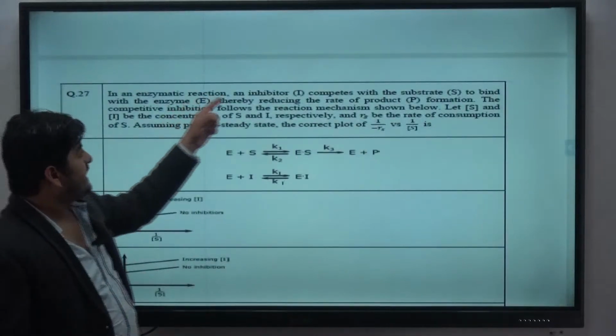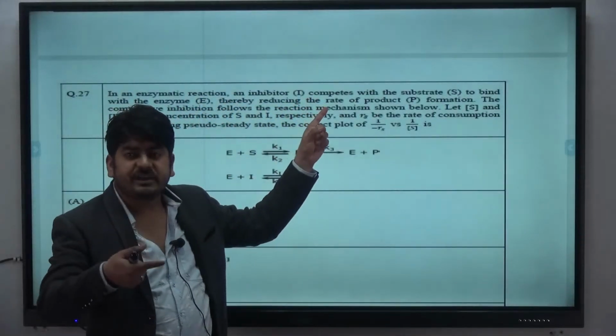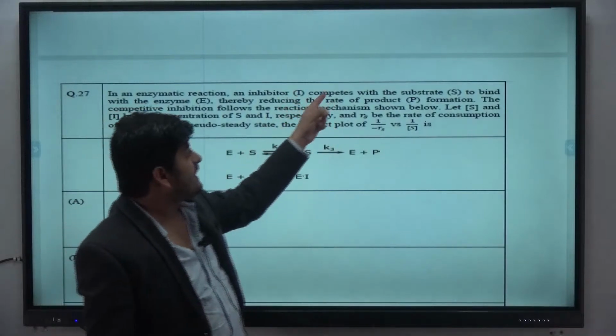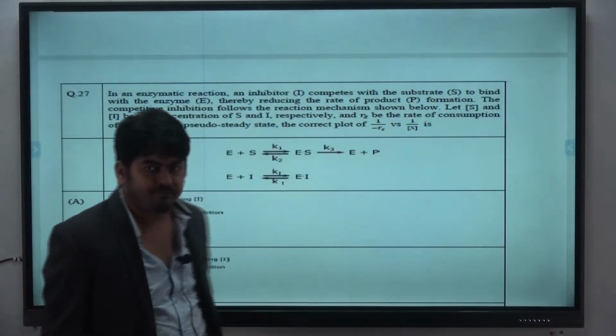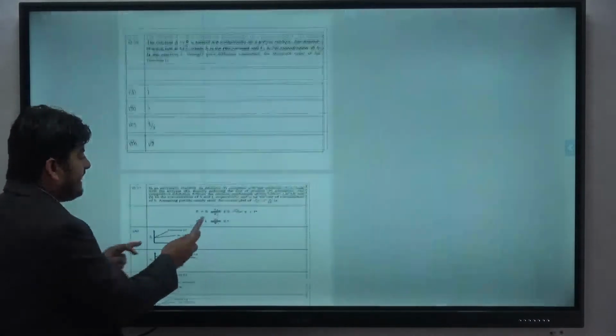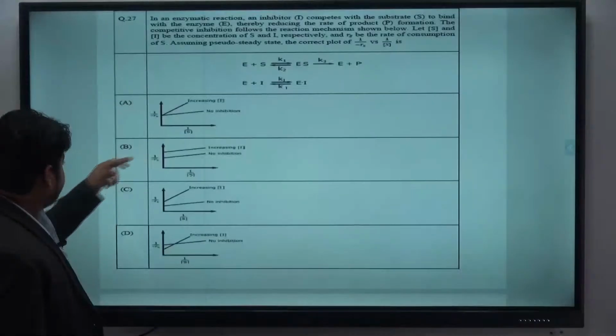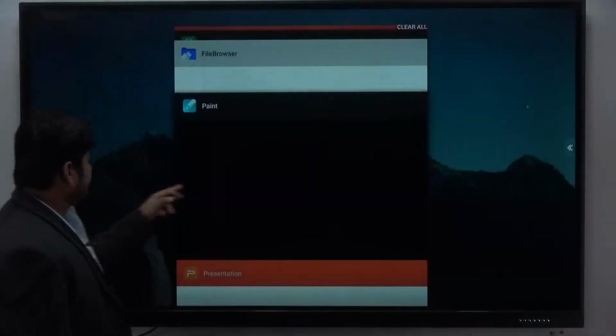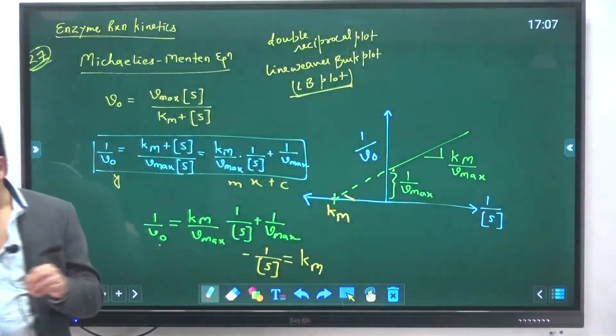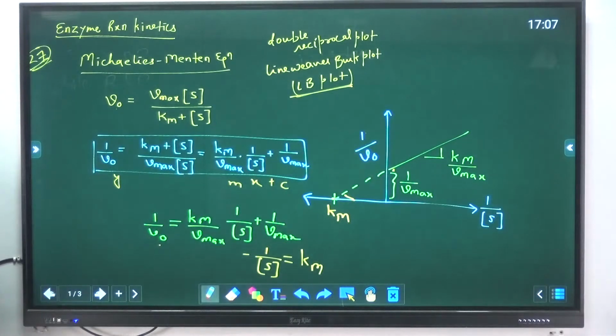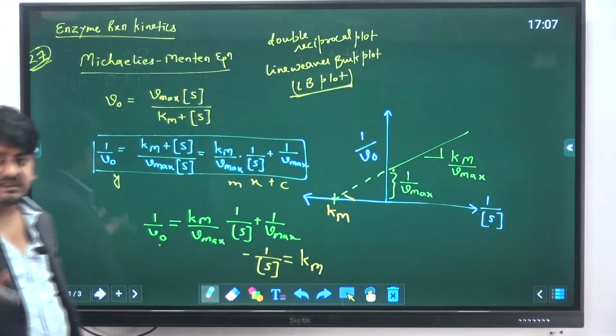You can see the inhibitor which we are introducing in the reaction system is competing with the substrate, that is the reactant for us. So what happens when we talk about the inhibitor which competes with the reactant, the substrate.